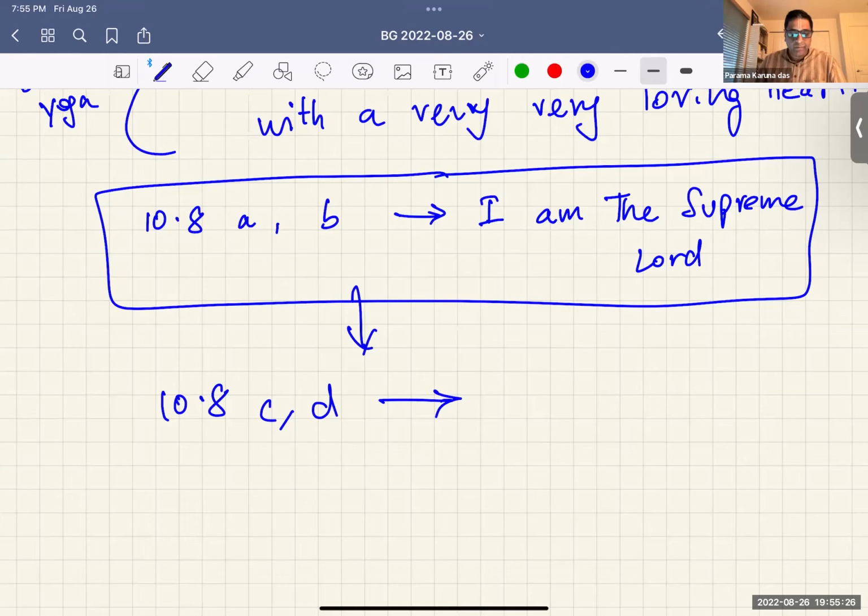So very beautifully you will see that just by doing bhajan, one does not know Krishna. No, that is not the case. What happens is that when the devotee does bhajan, the Lord, now this will come in. So this is 10.7, 10.8 and 10.9.